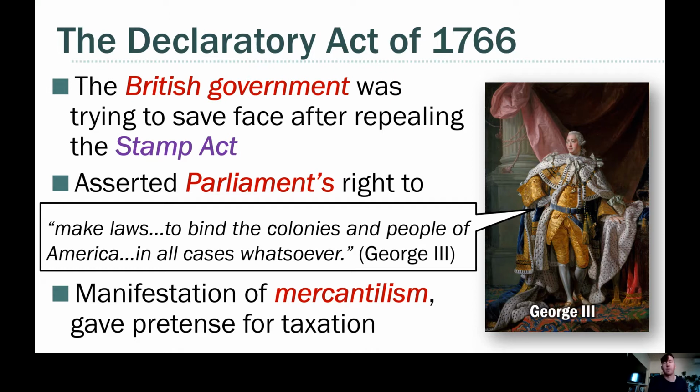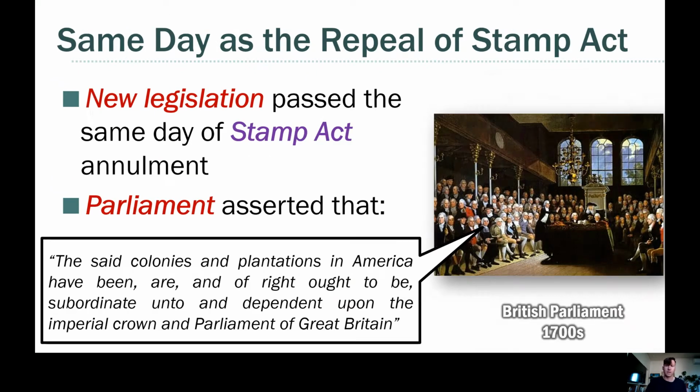They're saying, yes, we repealed the Stamp Act. However, we're declaring now that we have the right to tax you whenever we want, and we will. And now we've quartered troops as well, which means if there is going to be a rebellion, we've got the troops to crush them. All right.